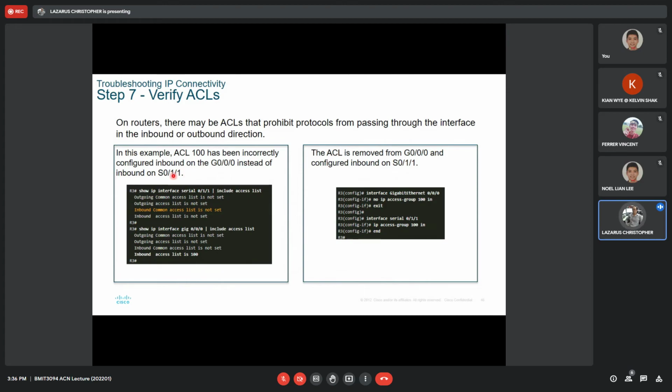That means it's been put on the wrong interface. So all you need to do, when you find out that this is the problem, is just remove the ACL from the wrong interface and put it on the correct interface.